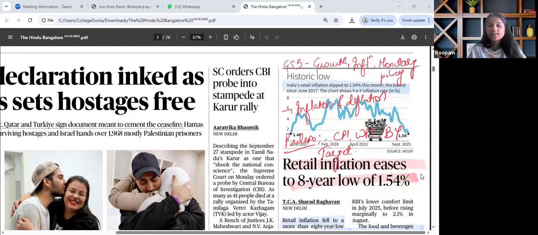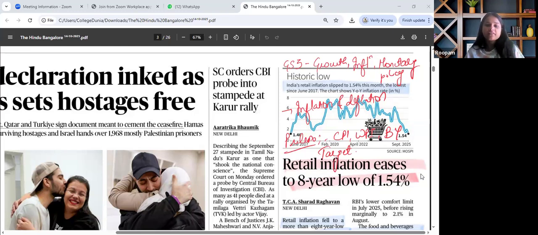So let's get started. The very first article in the paper talks about retail inflation easing to an 8-year low of 1.54%. When we map this article in our syllabus, it falls under GS paper 3, under the theme economy, wherein inflation, growth, RBI policy, monetary management.